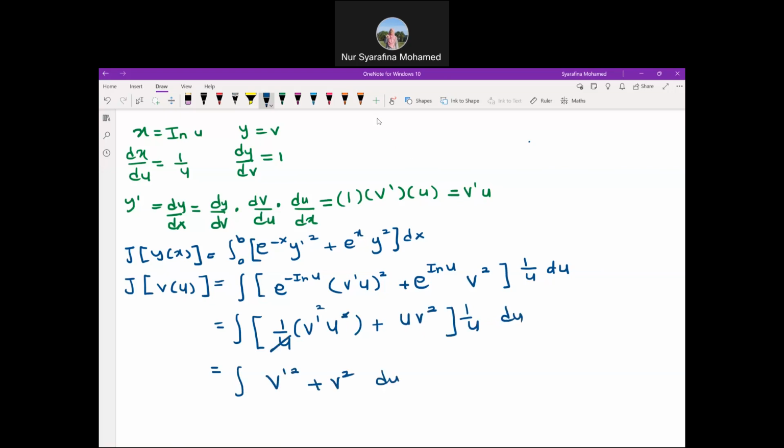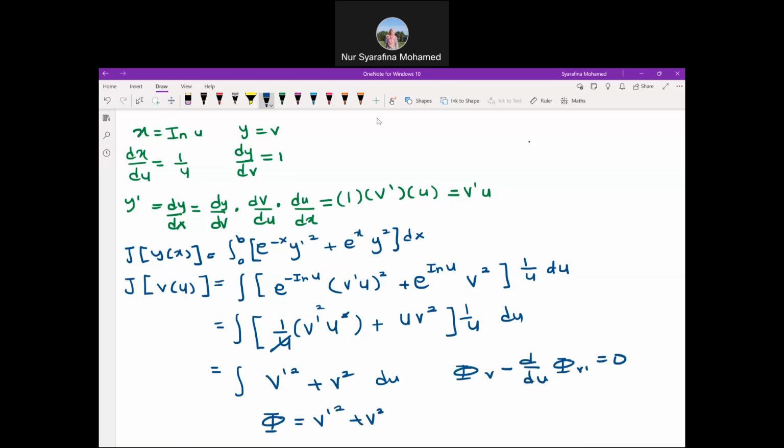Okay, so as you can see, if J(y) has F in the Euler equation, right? So now we just change to phi, because the Euler equation is given by phi_v minus d/du of phi_v prime equals 0. So our phi now is equal to v prime squared plus v squared, right?